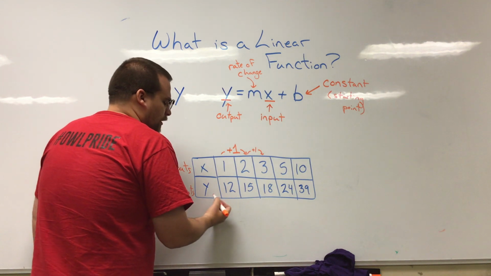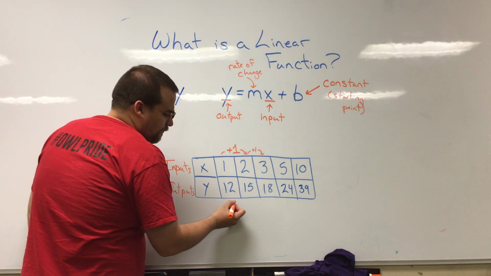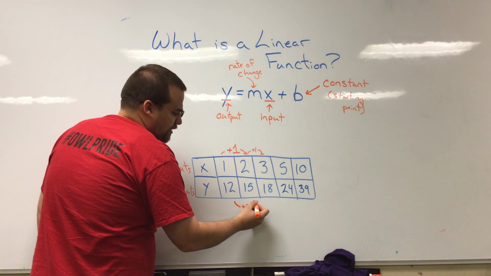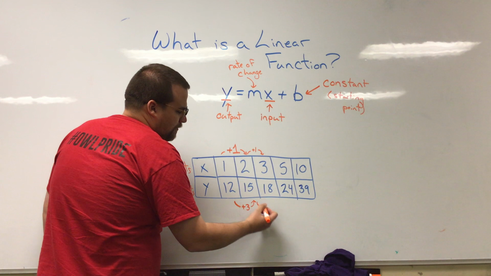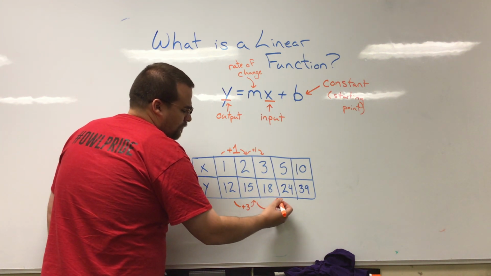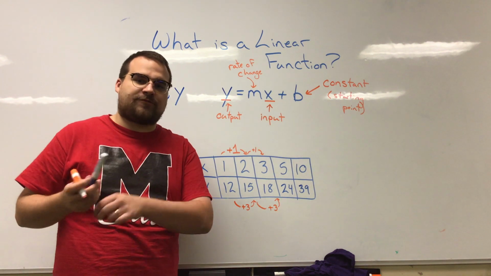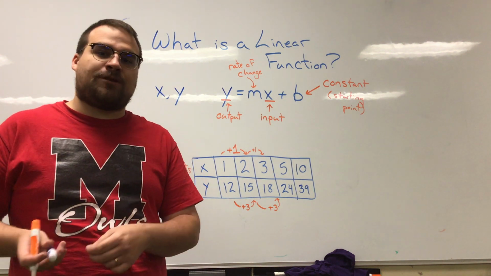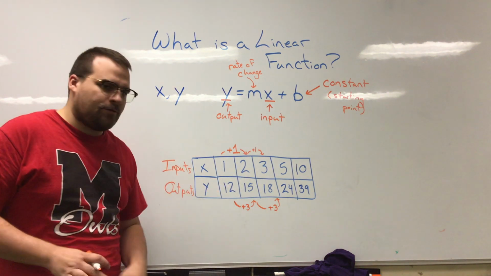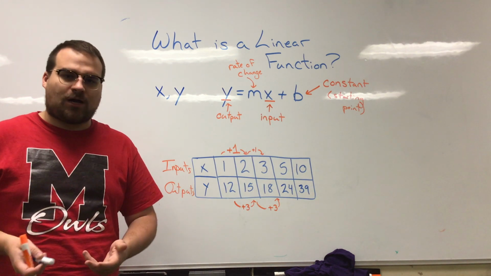Whenever we look at our output, our y values, going between 12 and 15, that goes up 3, right? And then between the next ones, we go 15 to 18. So that tells us there was a constant amount of change between our inputs and our outputs. When we went up 1 for our x, we went up 3 for our y.